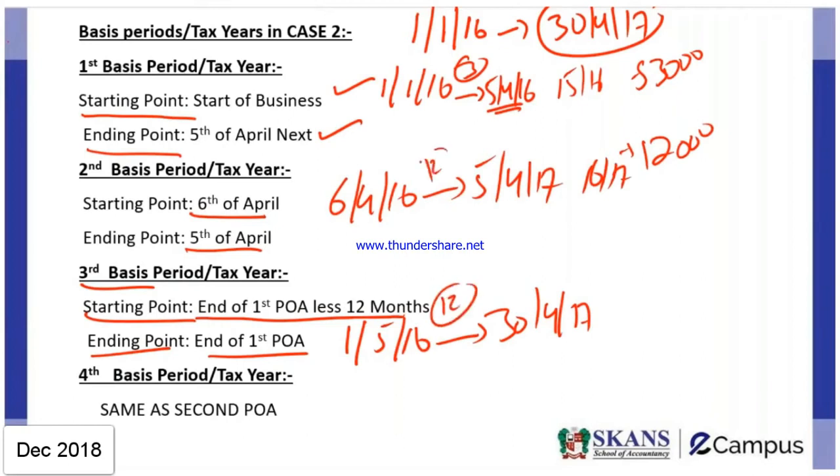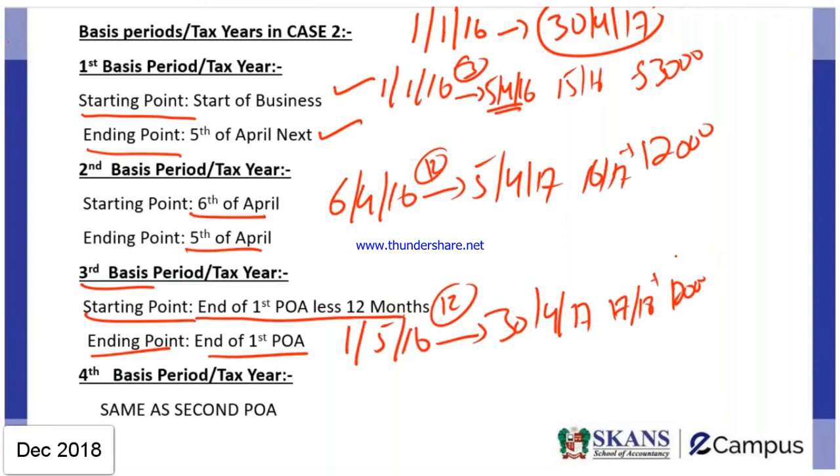The length of the basis period is 12 months. The profits are assessed in 17/18, and again the 12,000 profits are assessed because the 16 months profit is 16,000, which is 1,000 per month, and 12 months profit is 12,000.